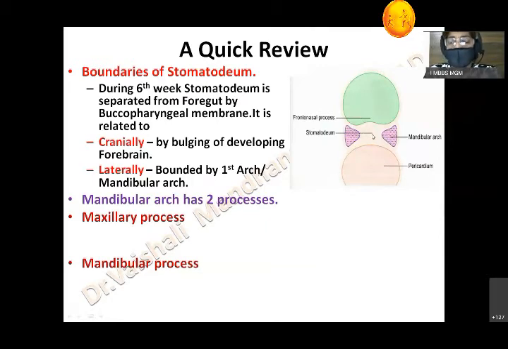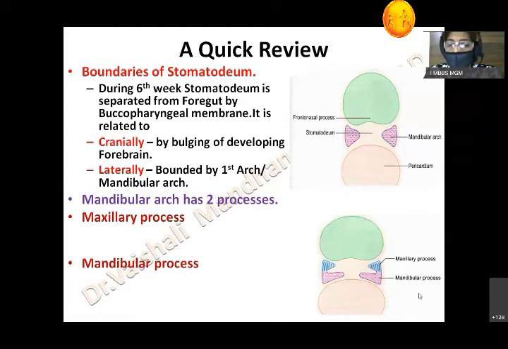So the relations of the stomatodium: the forebrain on the cranial aspect, caudally the pericardial bulge, and on the lateral aspect you get the first arch, particularly around the stomatodium. And this arch has two processes, the maxillary process and the mandibular process, isn't it?